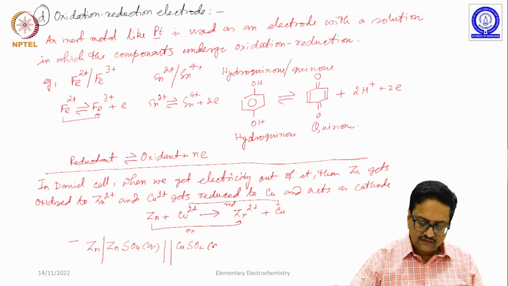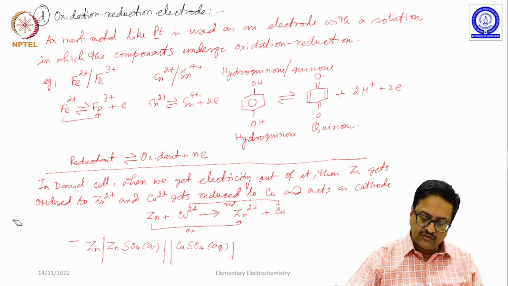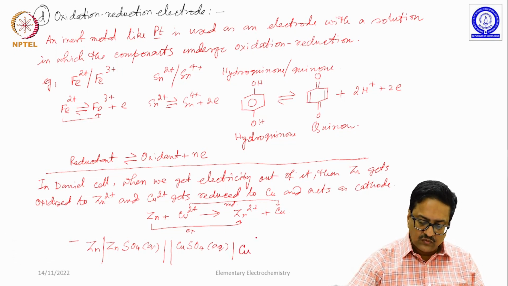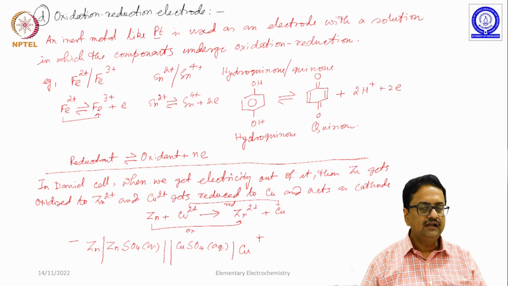Then copper sulfate aqueous in connection with metallic copper, which serves as the cathode, the positive electrode.